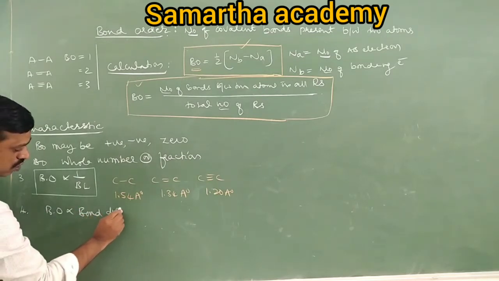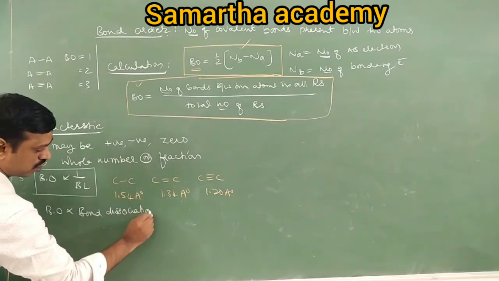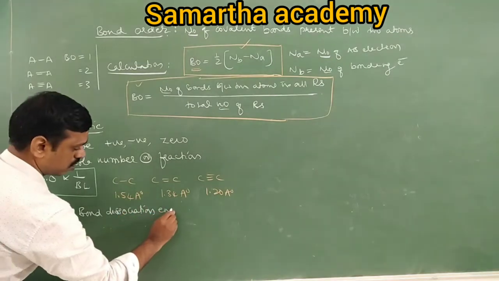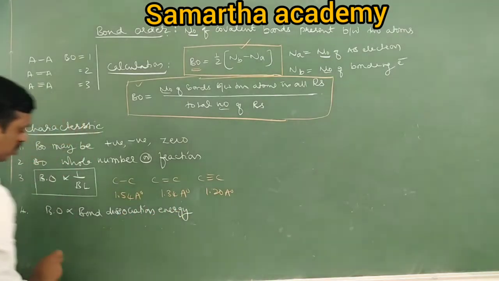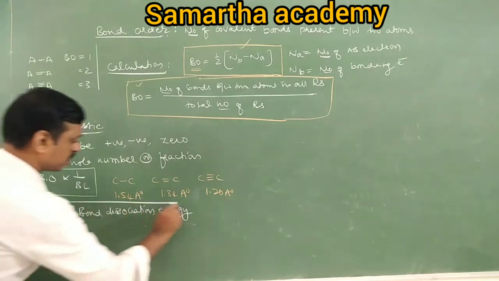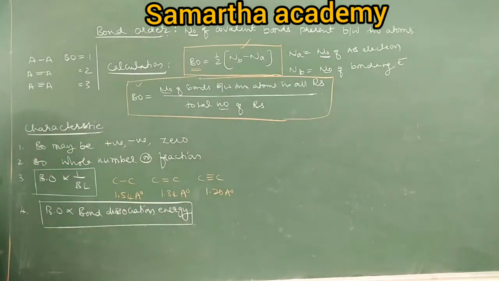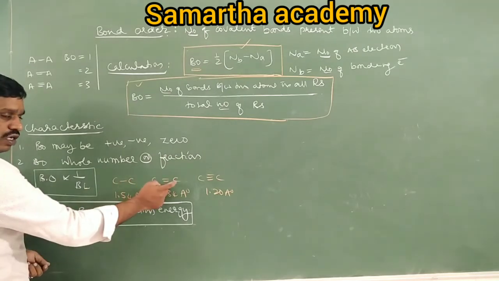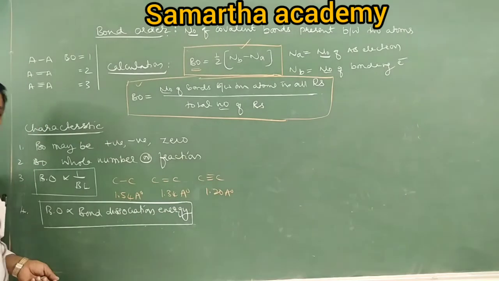Bond dissociation energy. It means when bond order increases, bond breaking energy increases. For example, carbon single bond, double bond, triple bond. In which case is more energy required to break the bond?